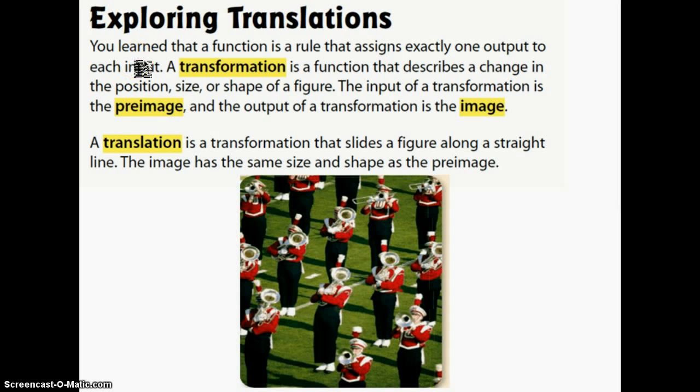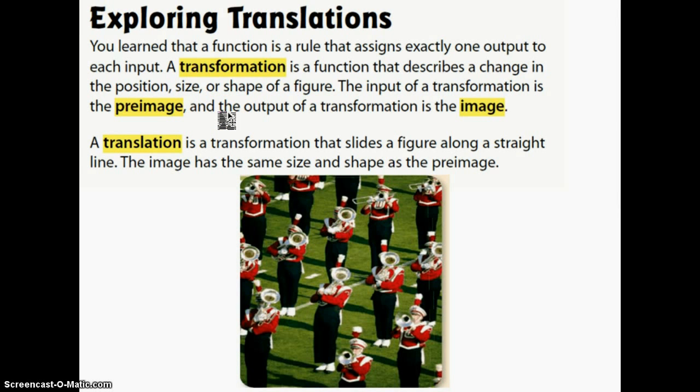So you've learned that a function is a rule that assigns exactly one output to one input. We learned that way back. So a transformation is a function that describes a change in the position, size, or shape of a figure. The input of a transformation is the preimage, and the output of the transformation is the image.